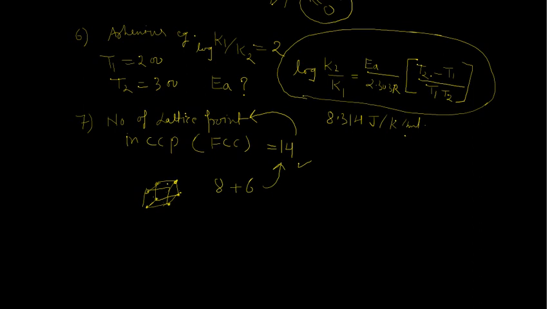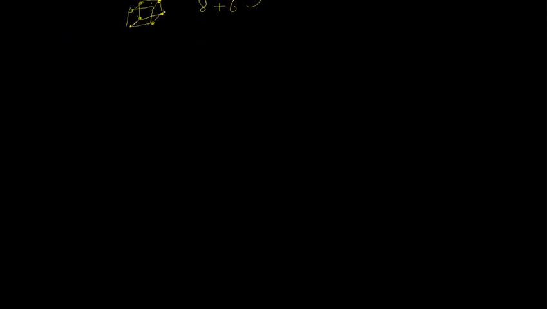Okay, and then your next problem, this question actually I have solved. The problem number 8 I am writing, that is ground state term. They have asked the term symbol for a d3 system.